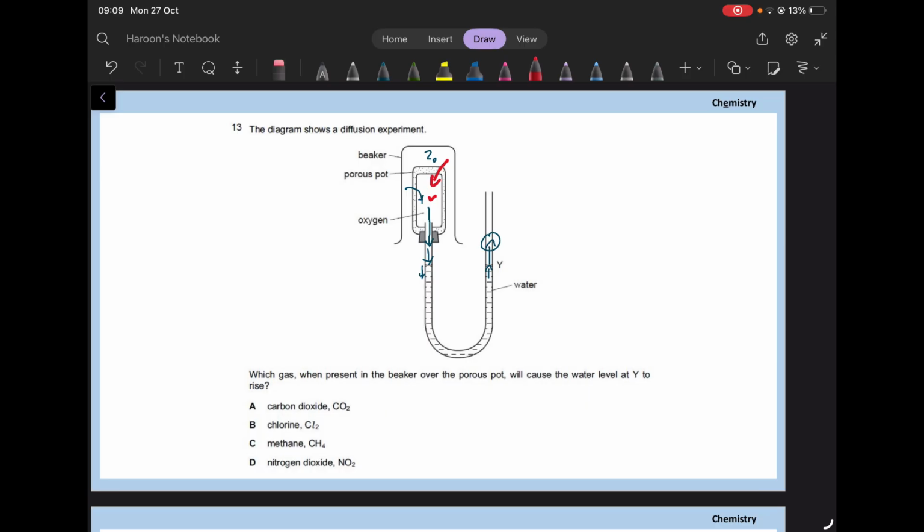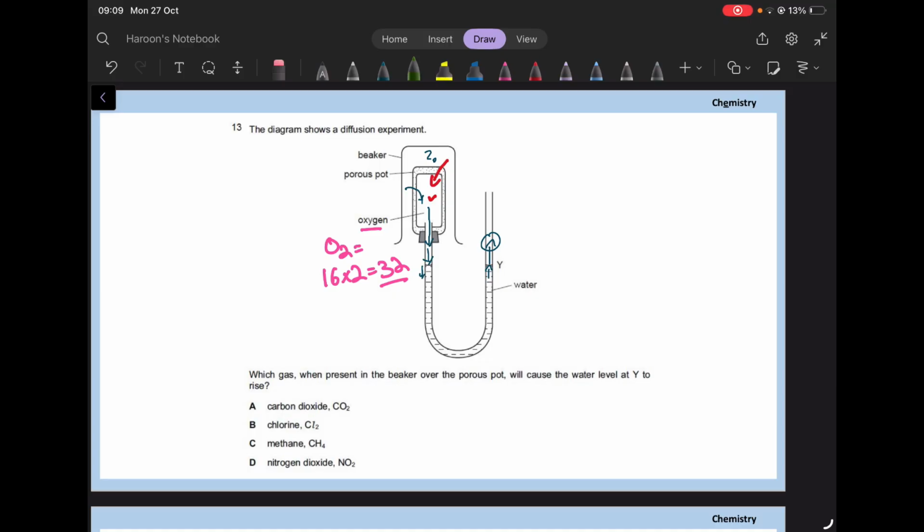This porous spot, basically porous means there are holes in it, so gaseous particles can come in and come out. So we have oxygen molecules inside. Over here you can see oxygen has been marked, so this would be O2, 16 times 2, the mass 32. So we need a gas which is lighter than this. It should be less than 32, because inside we have 32, the mass.